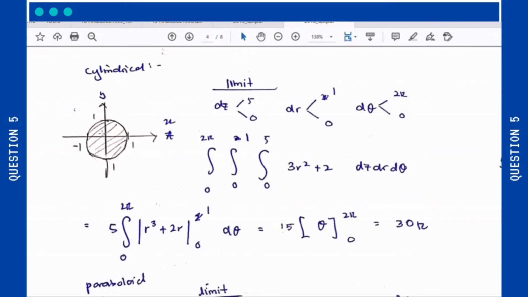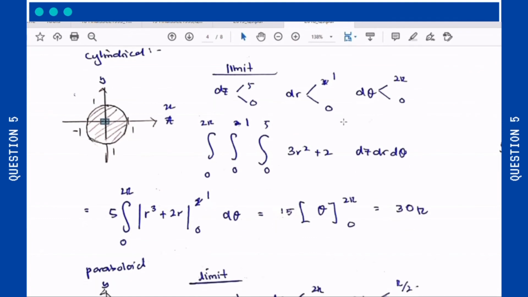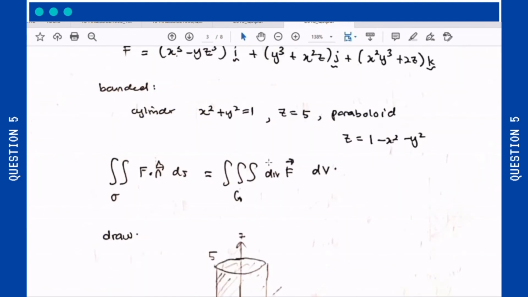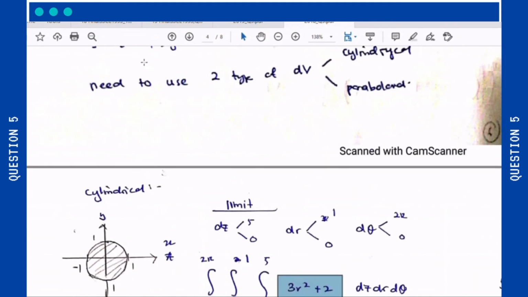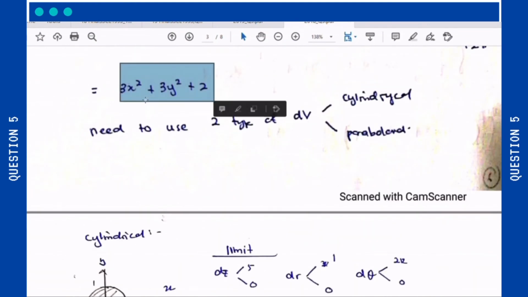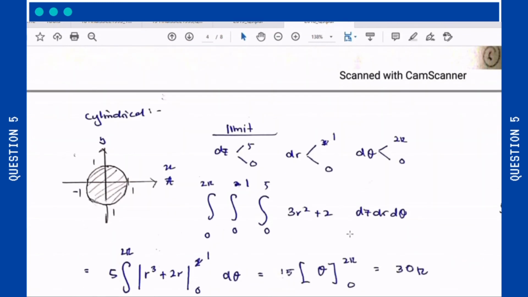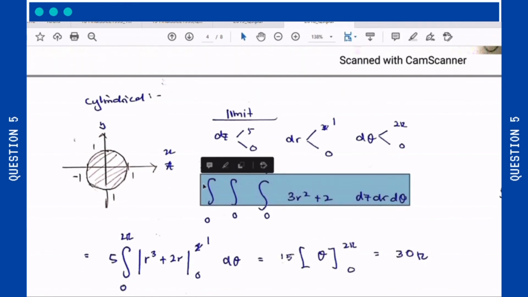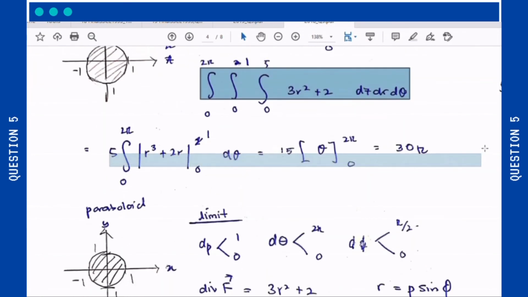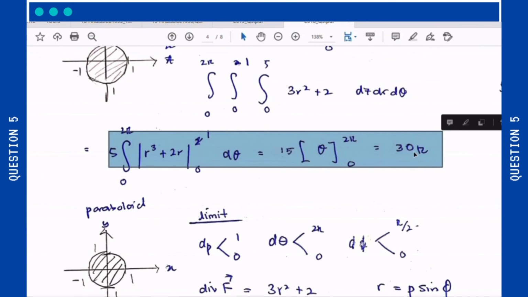We know the angle of this circle is from 0 to 2 pi, and this is the function that we got from F. From here we know that x squared plus y squared is equal to r squared. We change to cylindrical coordinates to find this volume, and when you enter all the values you will get 30 pi.